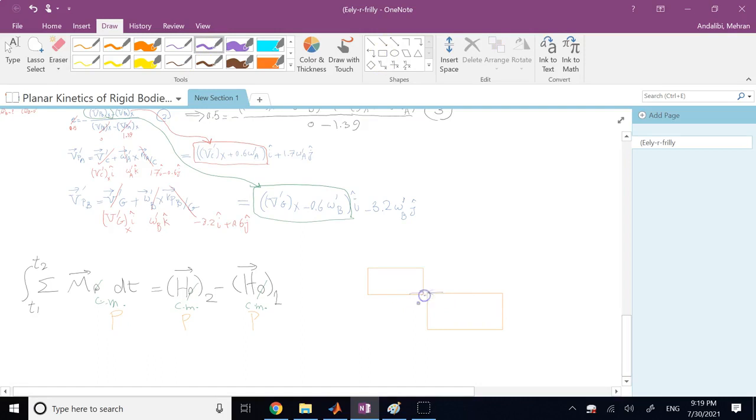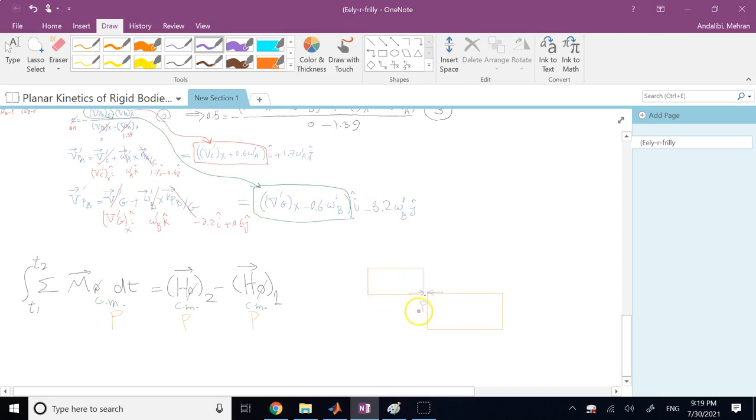If you take the moment in any of these objects about point P, the left term is going to be 0 because the collision force passes through point P, so it has no moment about P. And mg and N, since this is the top view, they are going to be into the board or out of the board.